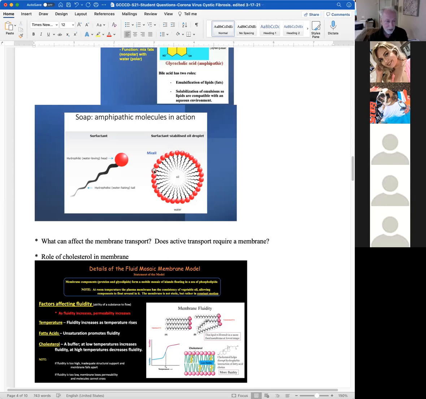So once the micelle lifts the dirt off your skin, the water washes it away. The soaps are also called surfactants because they break the surface tension of water.